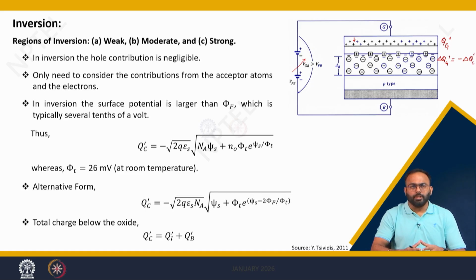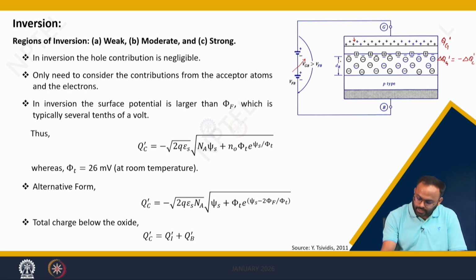In principle, when you apply a more positive voltage, the depletion region extends, and after a particular depth the expansion of the depletion region stops, and hence the inversion occurs, meaning the electrons from the p-type body come near the surface. So these are electrons.